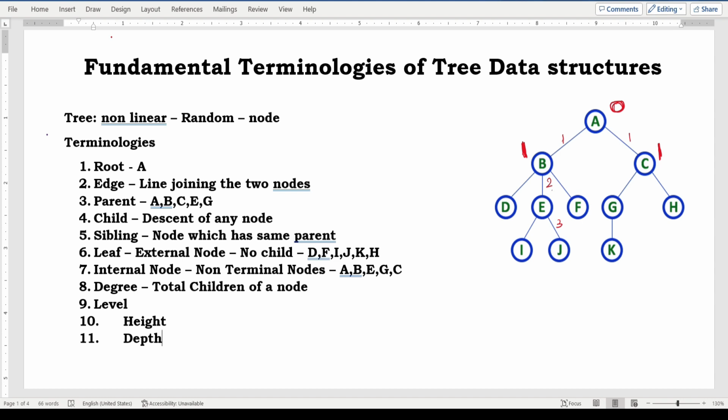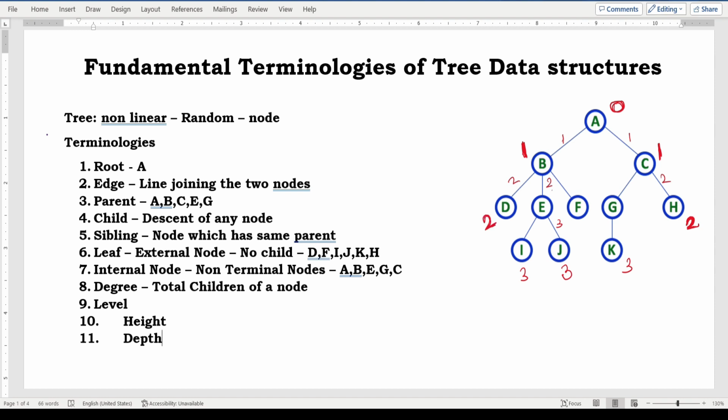So the depth of J is 3. Similarly, the depth of K is 3, and the depth of I is 3. What is the depth of H? 1 and 2, so the depth of H is 2. What is the depth of D? Again, this is 1, this is 2, so the depth of D is 2.